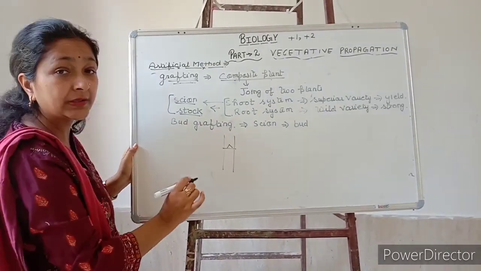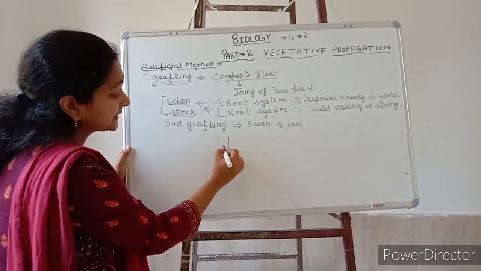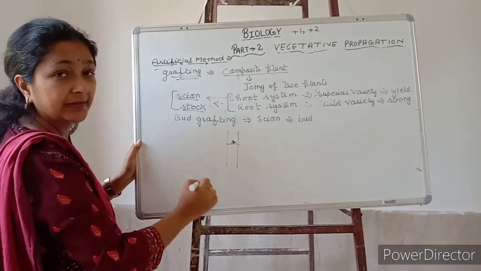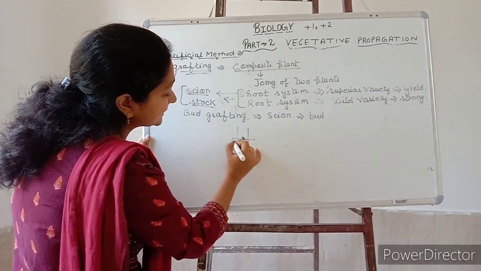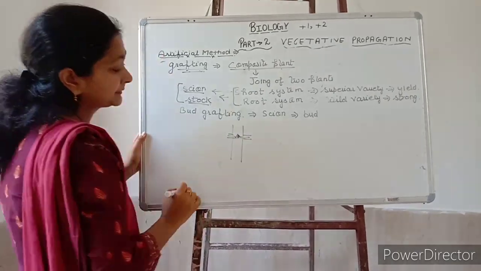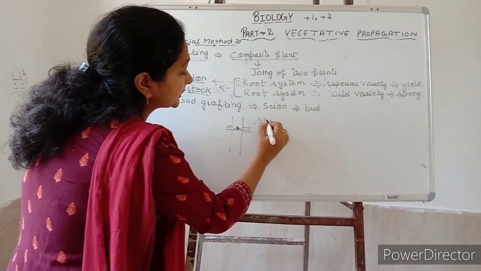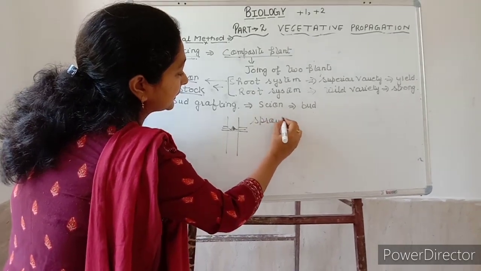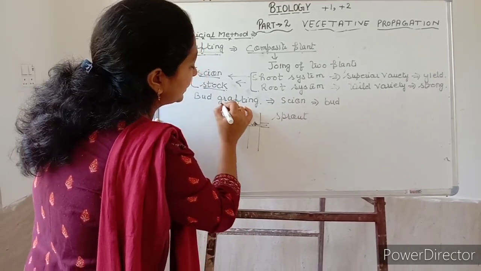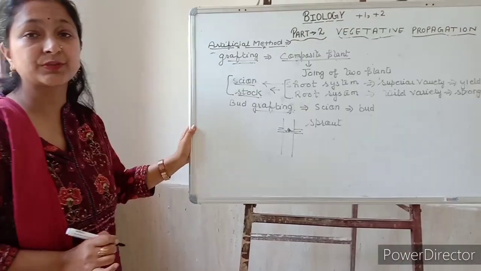A T-shaped cut is given to the stock, and this bud is inserted here. It is bandaged, and after some time it will sprout. So bud grafting is successful.